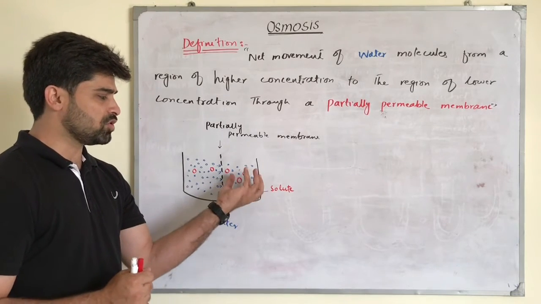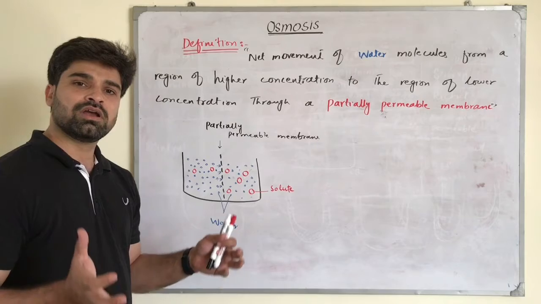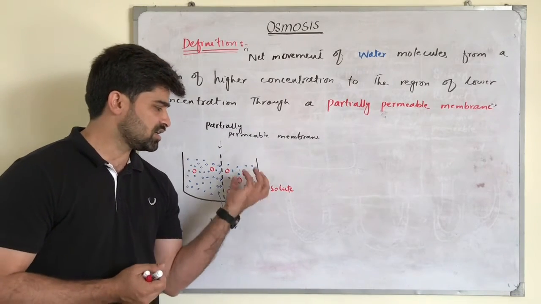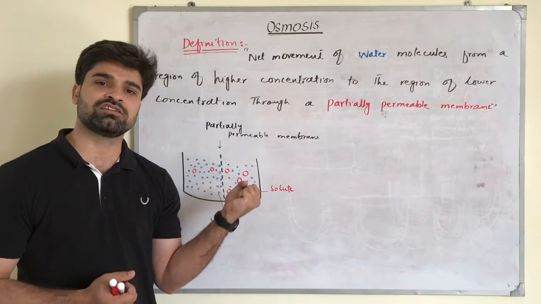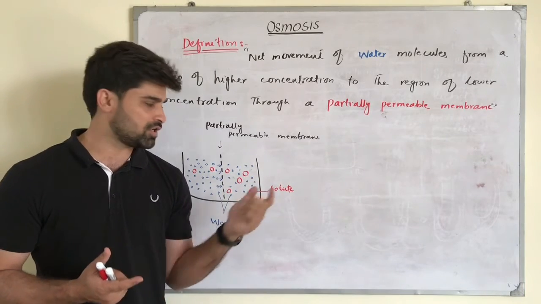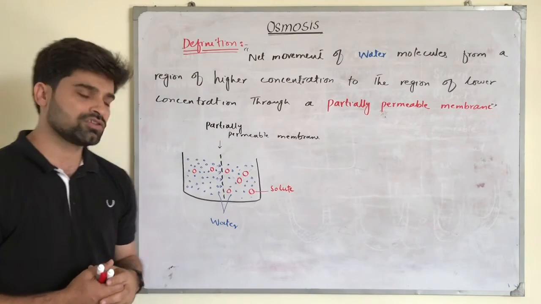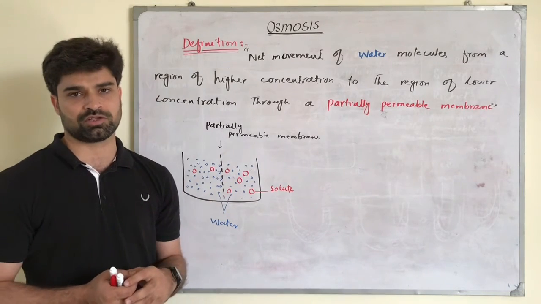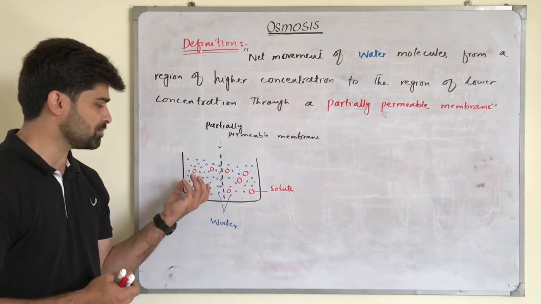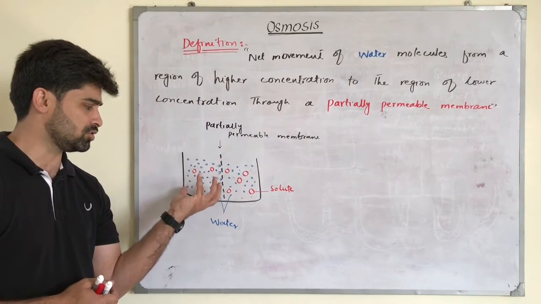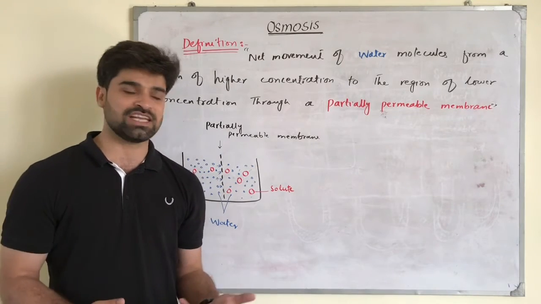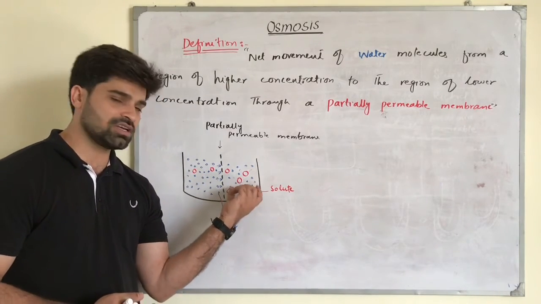As there is more solute, there are chances that it will attract more water molecules towards itself, so it will slow down the movement of the water molecules. On the other hand, the water molecules in the left box can move more freely as compared to the right box.